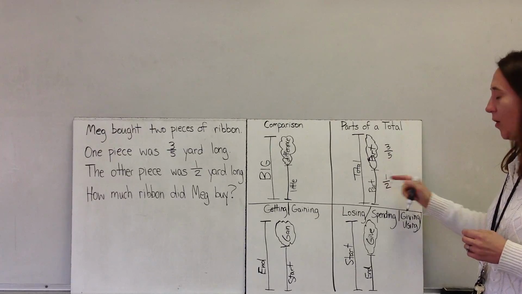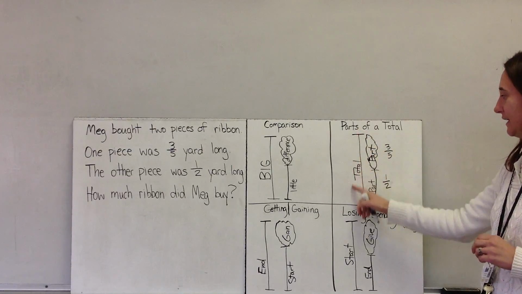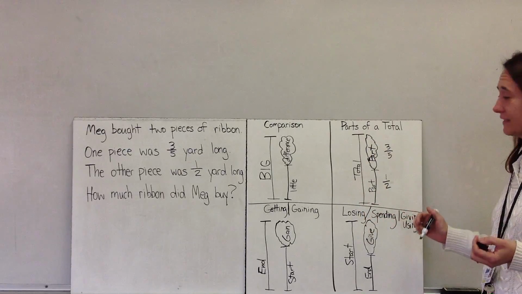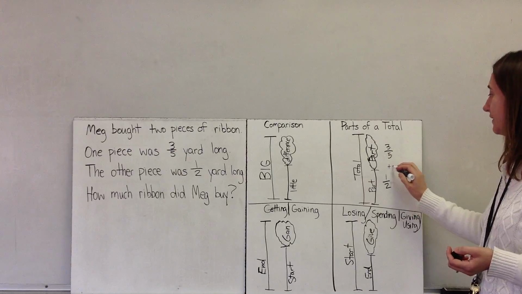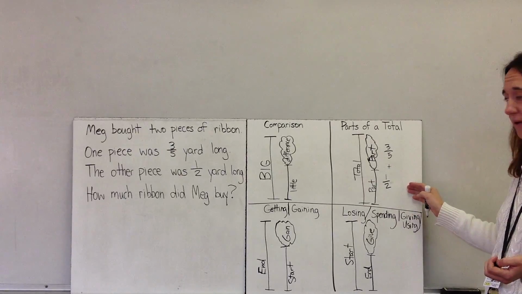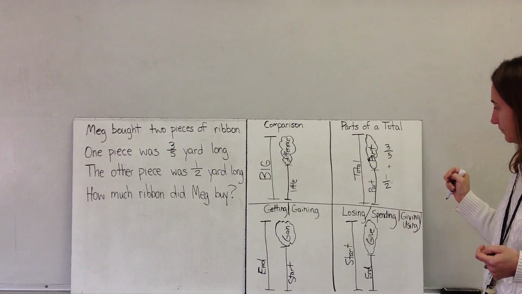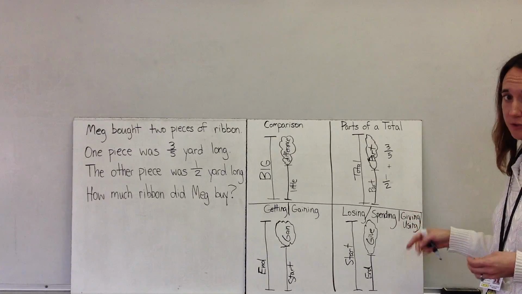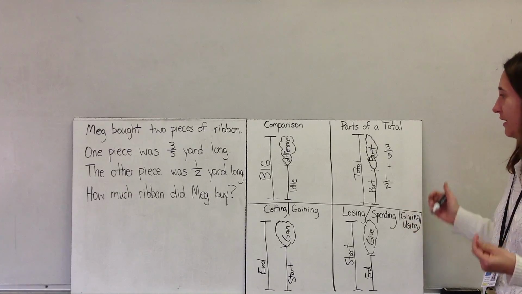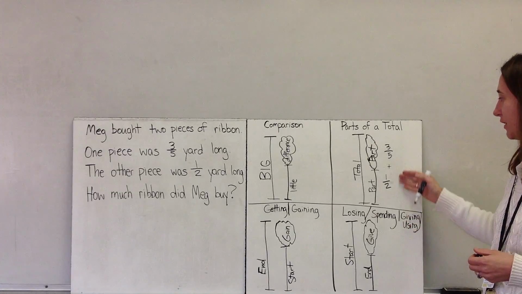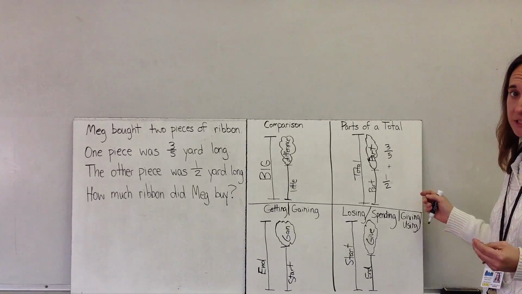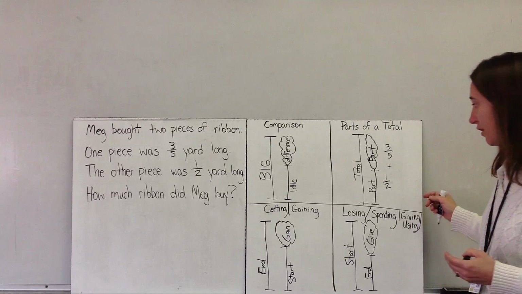So we have the 2 parts, and we're simply missing the larger total. So what would we do in this case? In this case, we would add. That's the only thing that would make sense to do here. So we have 3/5 plus 1/2, and of course you'd have to find a common denominator, do all this. Right now, what we're just trying to look at is understanding the problem, understanding whether it's an addition or subtraction problem before actually solving it.